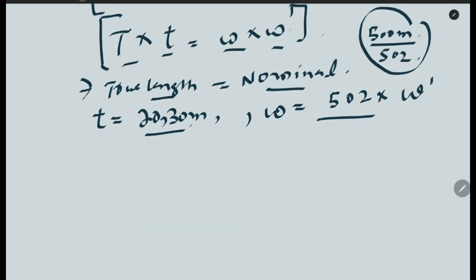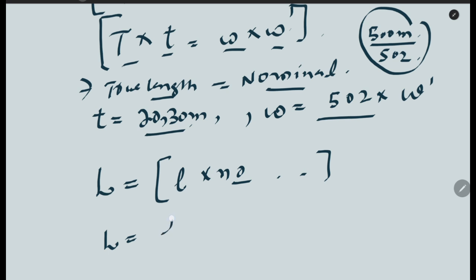Suppose the correct length is L. This correct length L will be equal to the actual length of the chain into the number of times you measure with that particular chain.